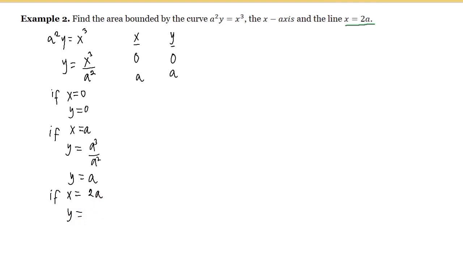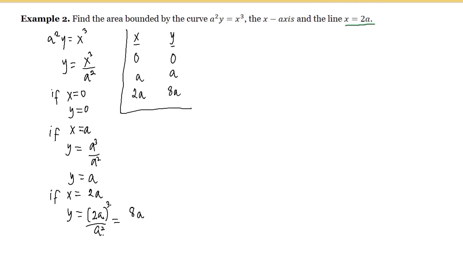So we have here 2a raised to 3 over a square. With this, we have 2 raised to 3, that is 8, and a cubed divided by a square is a. So therefore we can say that if x is equal to 2a, then our y is equal to 8a.